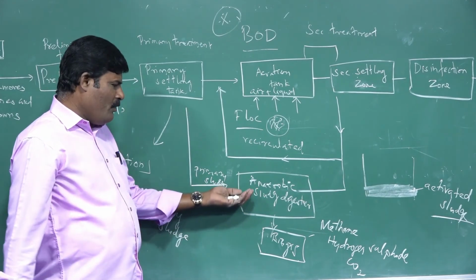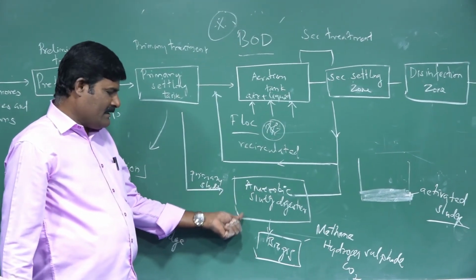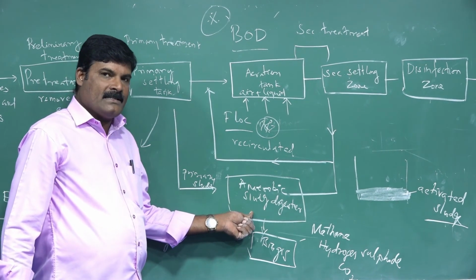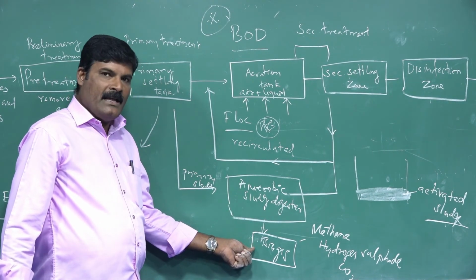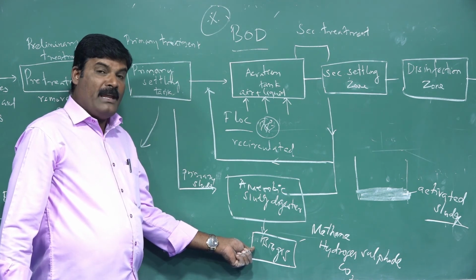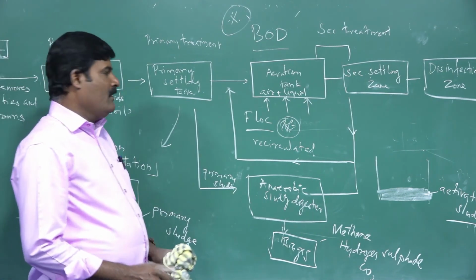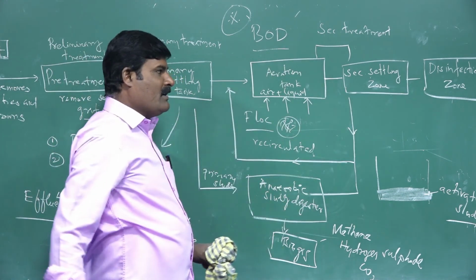After the anaerobic sludge digester, which is the final process, the bacteria produce these vital gases. They are called biogas because they are mainly produced from organic materials. Okay, so this is the secondary treatment.